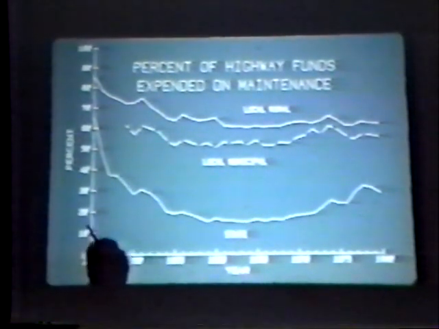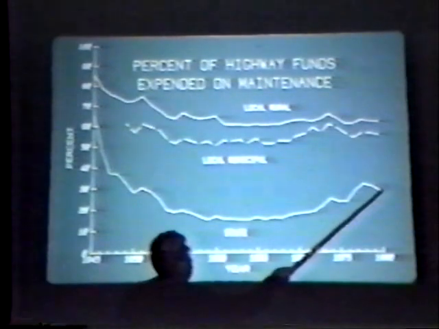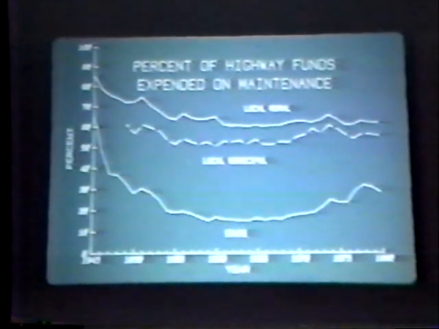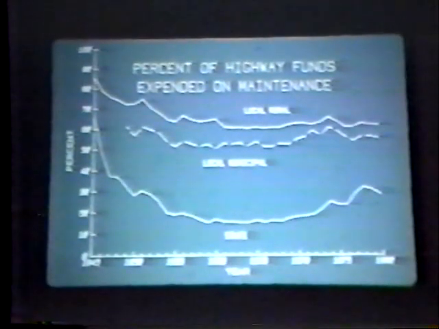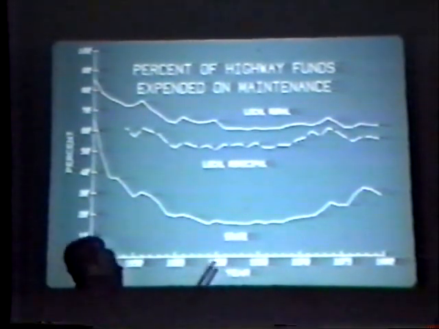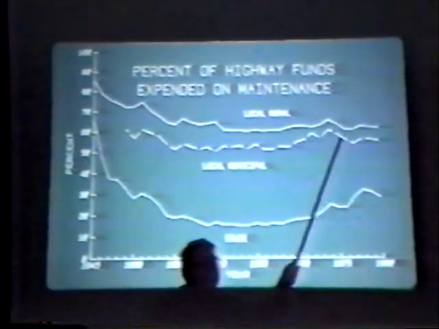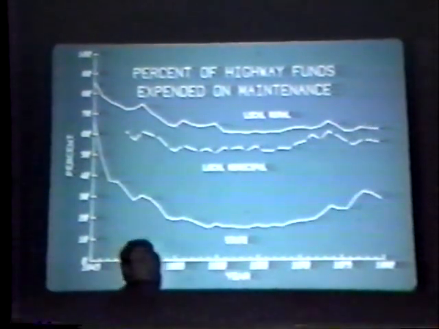And it bottomed out at about 15%, and is now up to about 30% of our state dollars are spent on maintenance. The other 70% is spent on capital construction. But still, the hurrier we go, the behinder we get at the local rural level, because about 55 to 60% of our dollars are spent on maintenance at the local rural level.